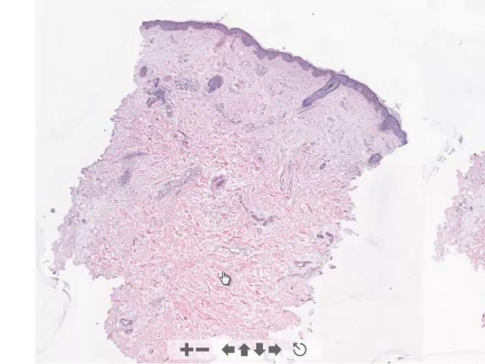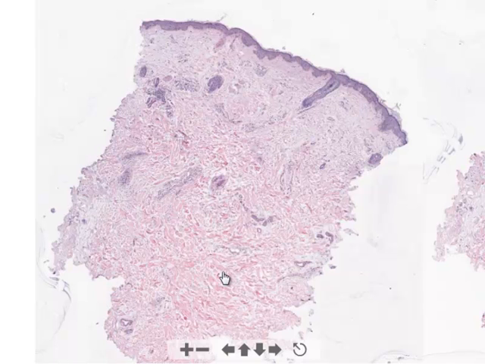And this is certainly the case most of the time. Obviously, one would need additional studies as well as clinical findings to help differentiate the clinical diagnosis of dermatomyositis from lupus erythematosus.